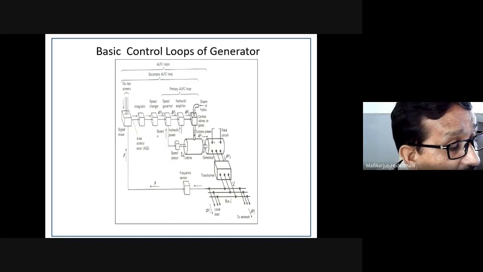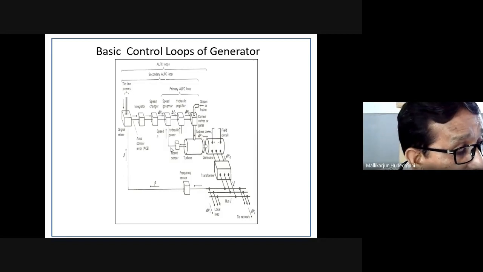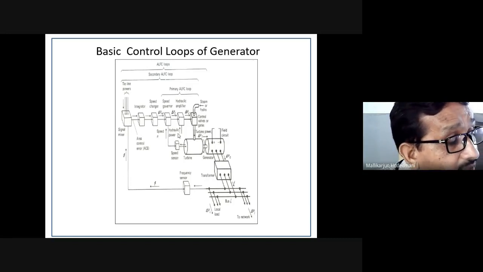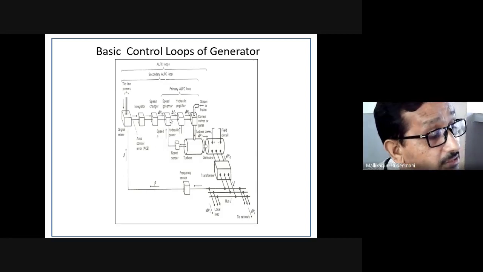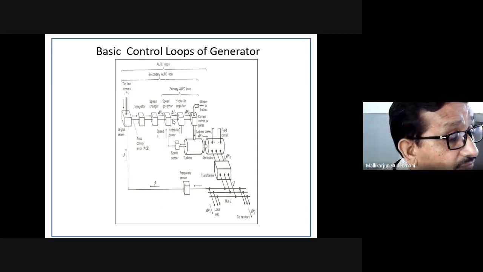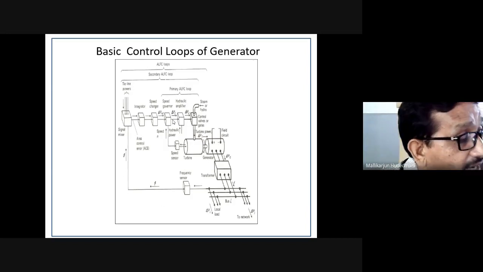The governor maintains its set point fixed, then the actual speed is taken. Comparison of these two, to process the need for opening or closing of the valve, is done by the governor. Separately, I have a centrifugal governor, the fly ball governor; we will show you in another slide.